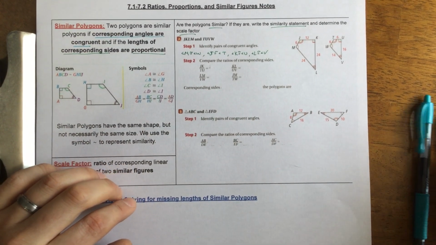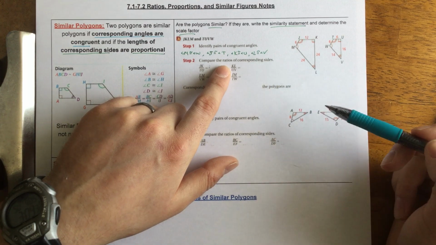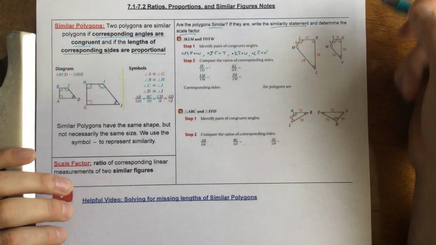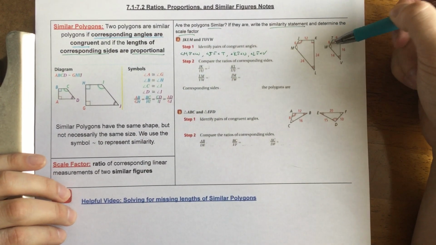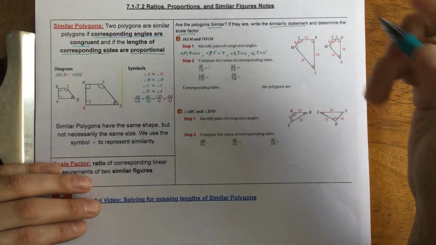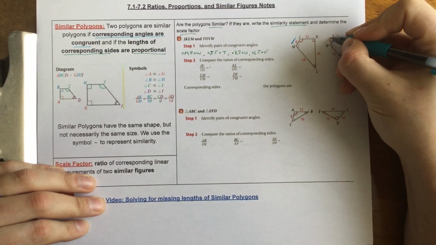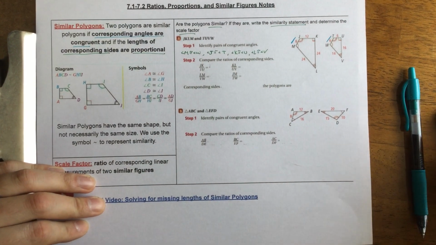All right, so the second part: compare the ratios of corresponding sides. Sometimes in the past I've had students circle the corresponding parts. They might choose different colors like I'm going to do right now. So MJ corresponds to WT.